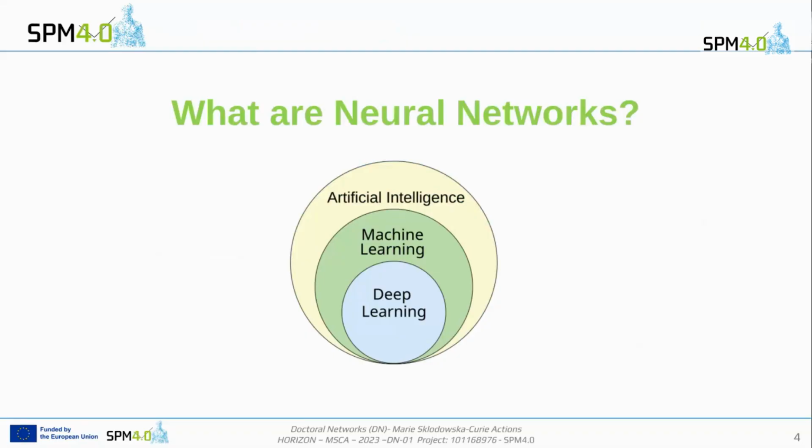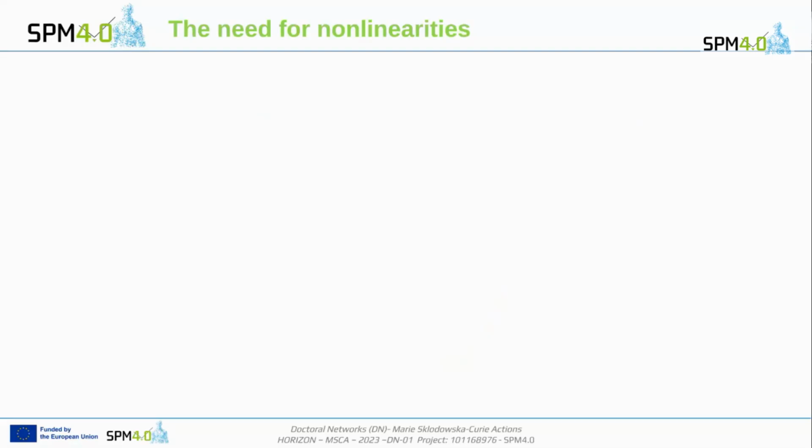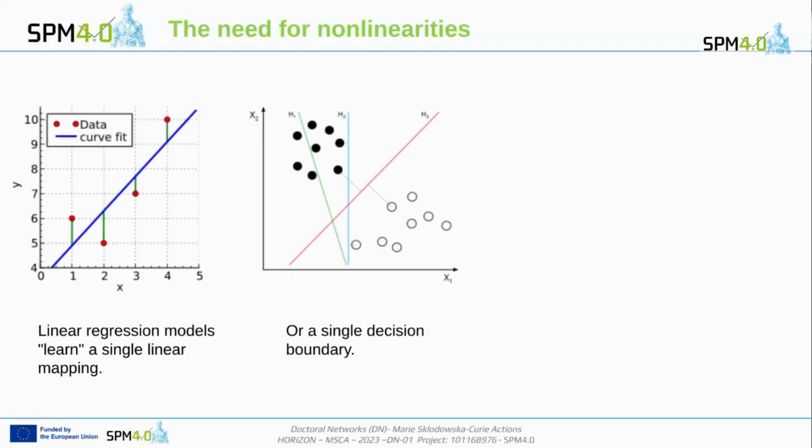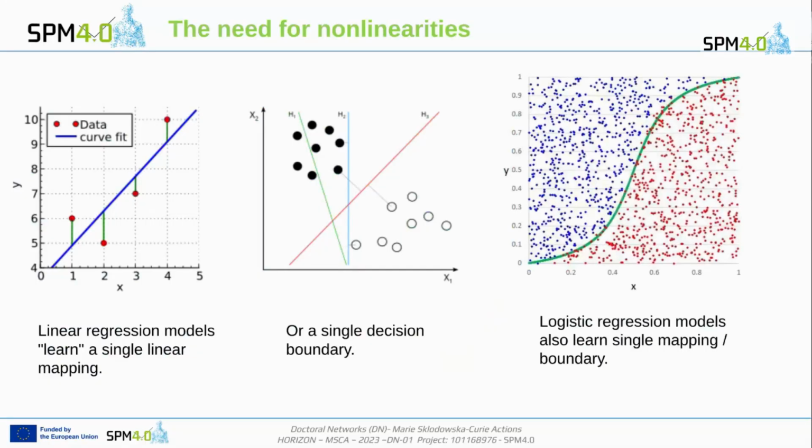So, what are neural networks? Well, I would strictly categorize them as under the deep learning umbrella. But before we go into the MLP and actual stuff, let's give a little recap of yesterday, what Elia told us. Basic linear regression models learn a single linear mapping or decision boundary. And there are also logistic regression models which can do similar things.